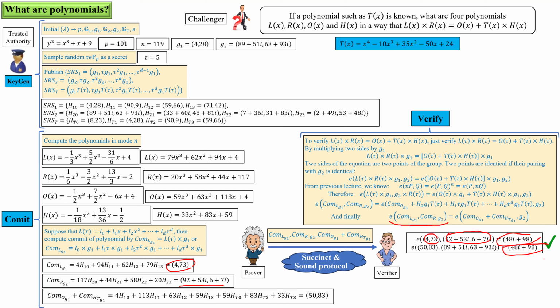Okay, let's review the protocol again. In the first protocol, the prover sends the polynomials to the verifier to prove that he knows the polynomials. But we discussed that this is not a zero knowledge and succinct protocol. So then we switched and used the Schwartz-Zippel equality test and mentioned that just sending the evaluation at a random point like tau to the verifier is sufficient.